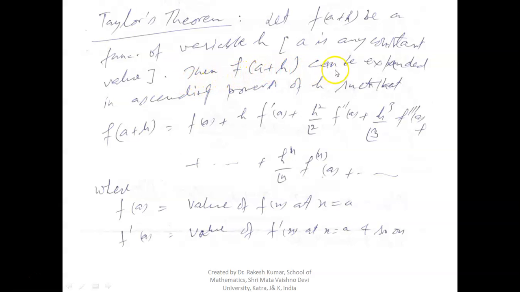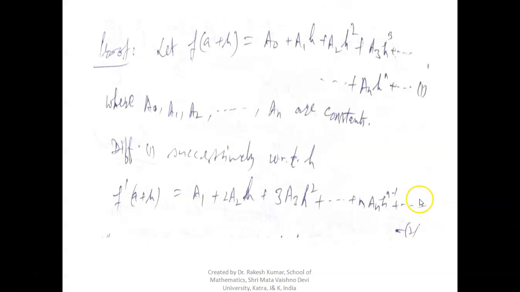Then f of a plus h can be expanded in ascending powers of h such that f of a plus h is equal to f a plus h f dash a plus h square upon 2 factorial f double dash a plus h cube upon 3 factorial f triple dash a and so on, up to nth derivative term and so on, where f a is equal to value of f x at x equal to a, f dash a is equal to value of f dash x at x is equal to a, and so on.